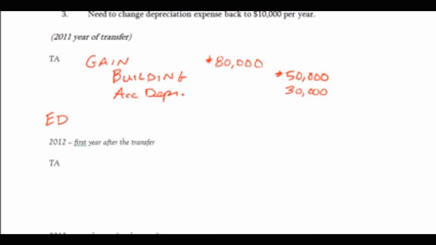So the first consolidation entry that the authors call TA will do that. The purpose of that one will be to deal with the gain, get the building account reset to its correct amount, and fix accumulated depreciation as at the beginning of the year. I'm going to do a separate entry that the authors call ED for excess depreciation to deal with the fact that the sub is doing, from our standpoint, too much depreciation.